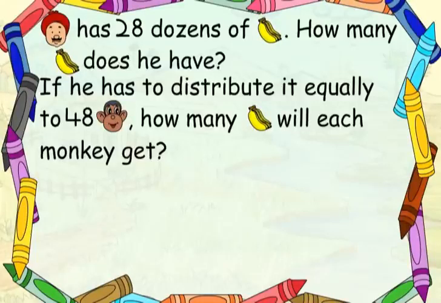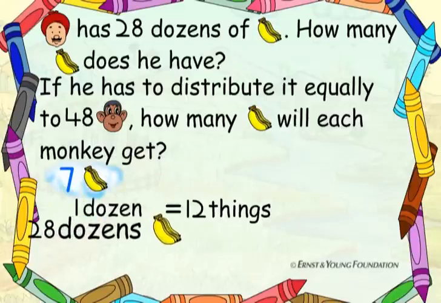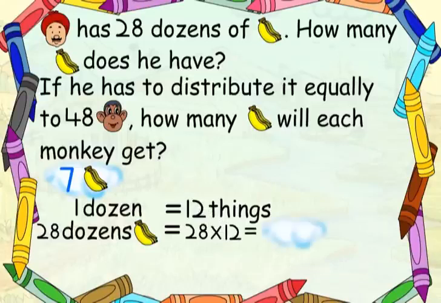If he has to distribute it equally to 48 monkeys, how many bananas will each monkey get? 1 dozen is equal to 12 things. 28 dozens of bananas is equal to 28 into 12, which is 336 bananas.